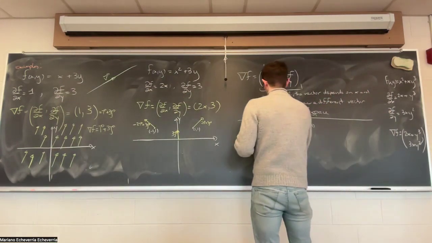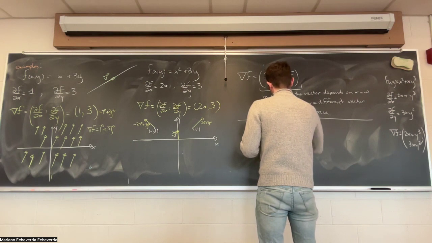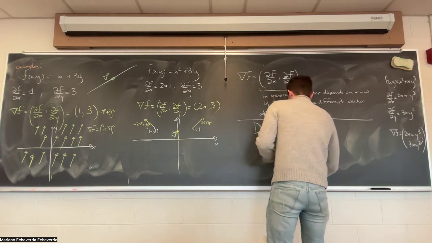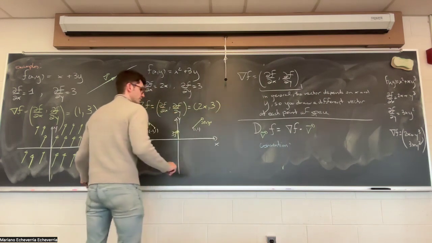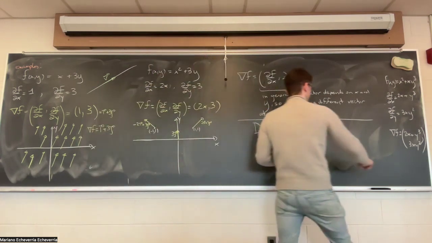Let me put it as a convention. You choose a unit vector. So you choose the direction of the line as being a unit vector.